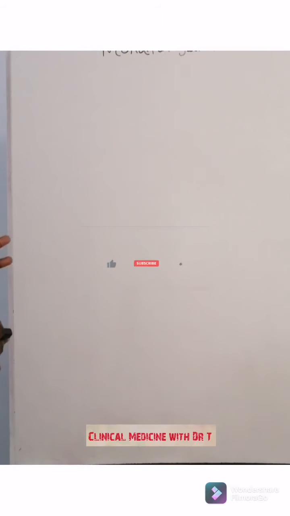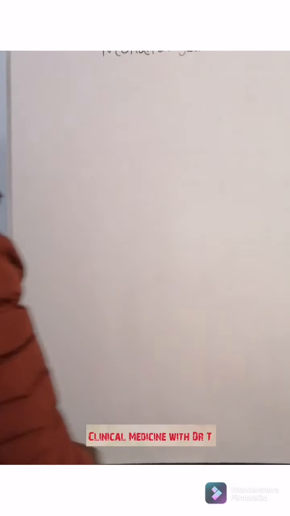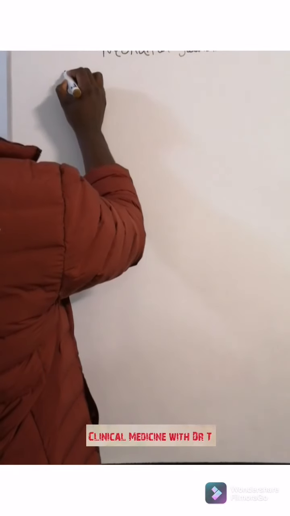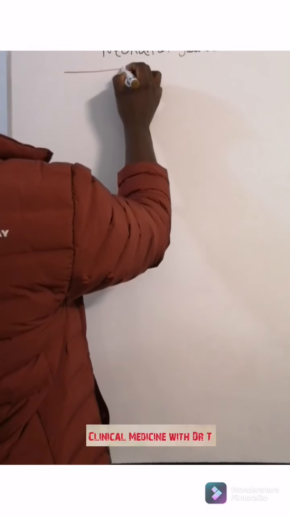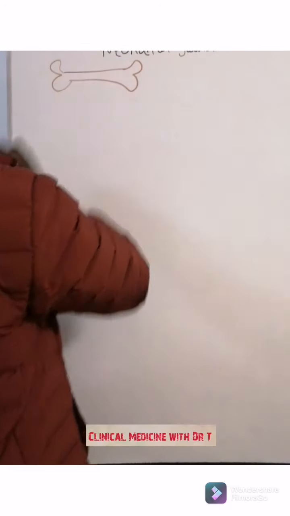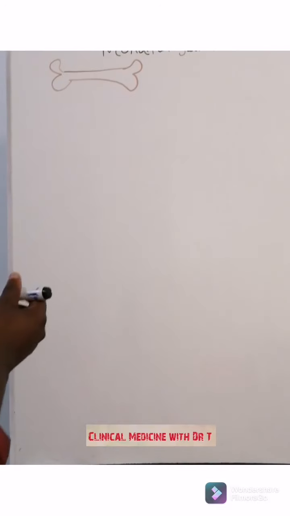Anyway, so in order for us to understand neonatal jaundice, we need to go back and just talk briefly about red cells and their breakdown. Okay, so as we all know, erythropoiesis, which is production of red cells, takes place in the bone marrow.